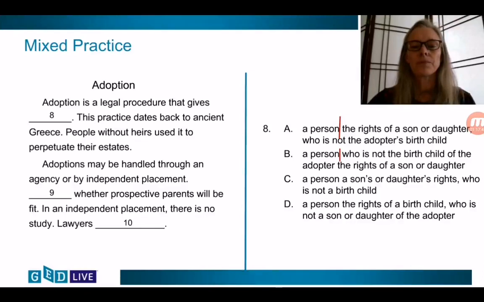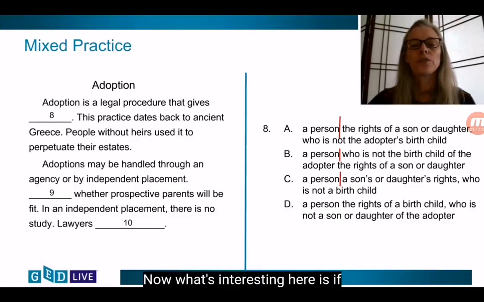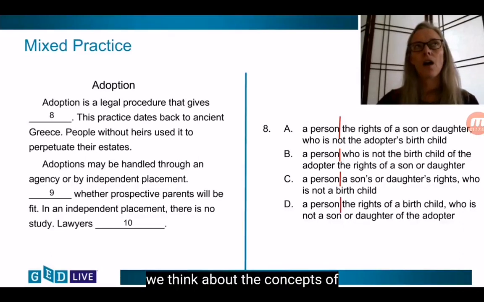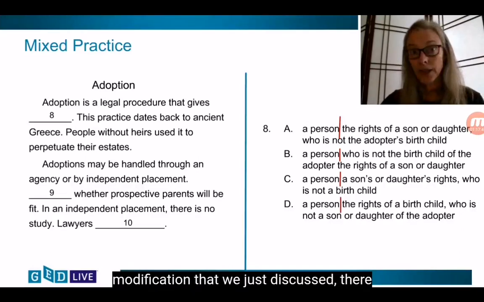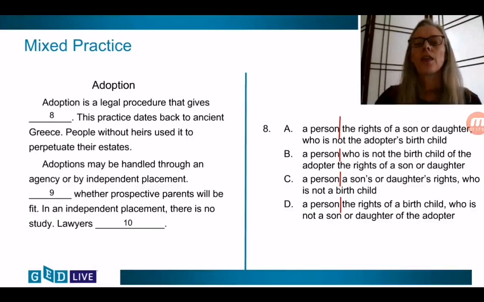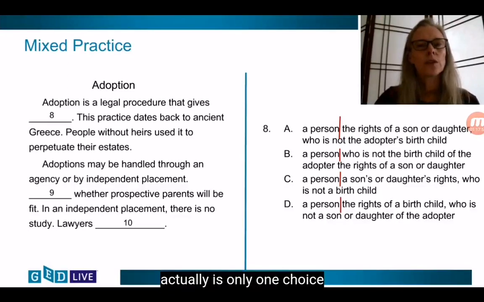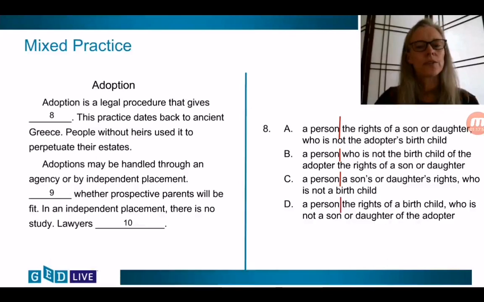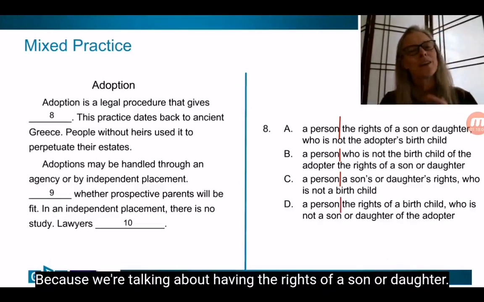A person. Now, what's interesting here is if we think about the concepts of modification that we just discussed, there actually is only one choice that can be correct here. Because we're talking about having the rights of a son or daughter.